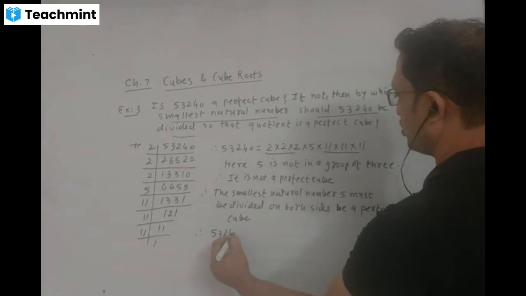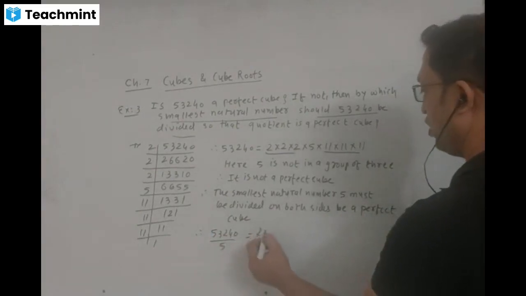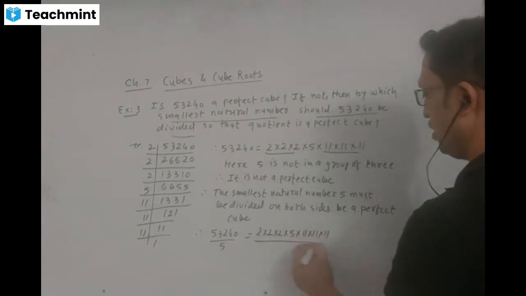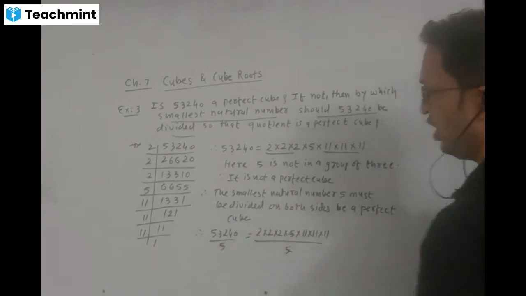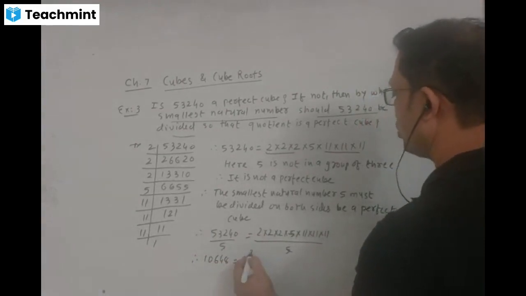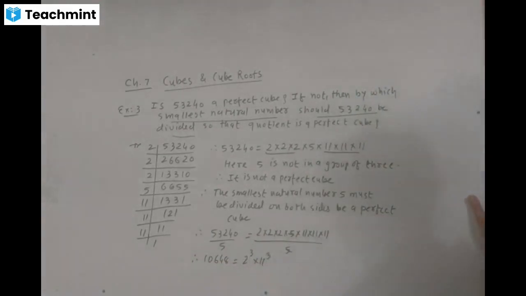Therefore, 53240 divided by 5: 2 into 2 into 2, 5 into 11 into 11 into 11 divided by 5, 5 cut, that is equal to 10648, that is 2 raised to 3 into 11 raised to 3. Therefore, cube root of 10648 is equal to 2 multiply 11, and that is equal to 22. That is the final answer.